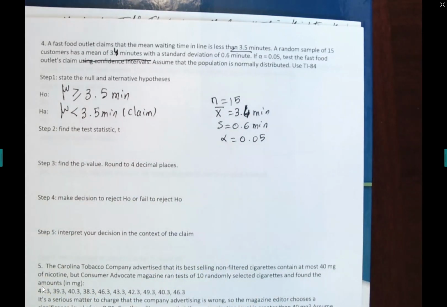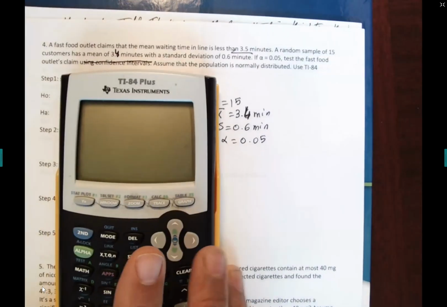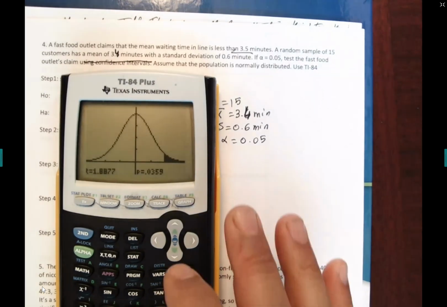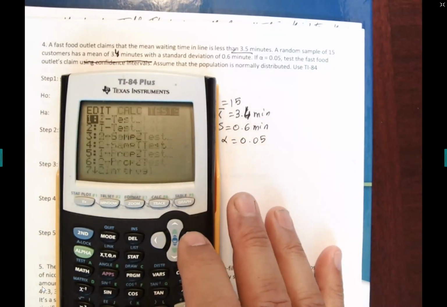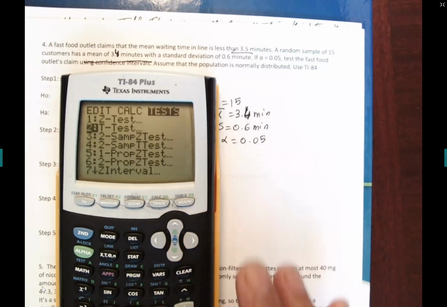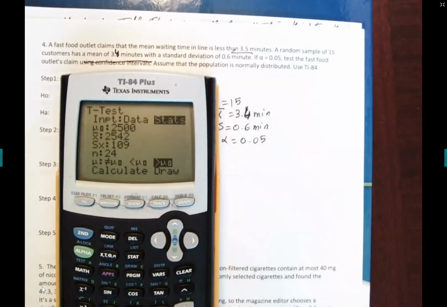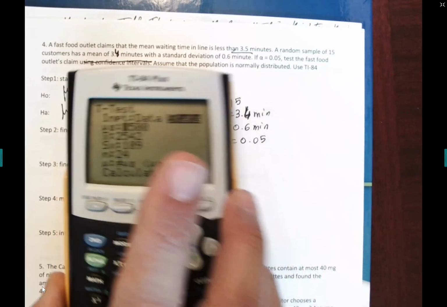Use a TI-84. So it's a t-test, guys, and I'm ready to show you the work. Stat, tests. Okay, t-test. And let's input some values there. mu0, they say it's 3.5 minutes.